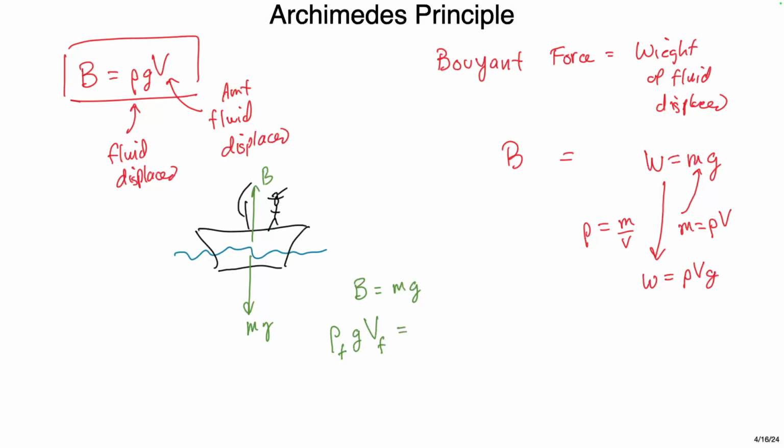The mass of the boat, using this trick where we can swap mass for density times volume, would be density of the object times g times the volume of the object.